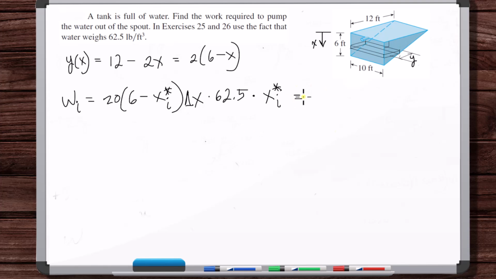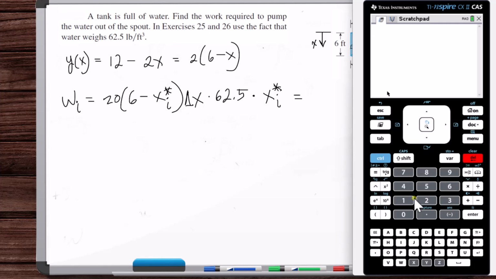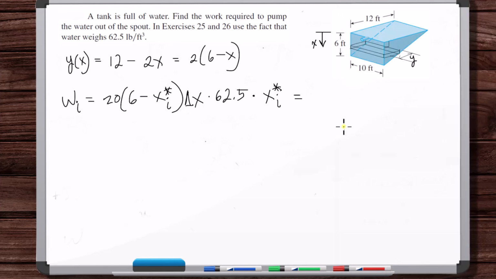And so what we've got is 10 times 62.5, which is 625, times xi star times (12 minus 2 xi star).